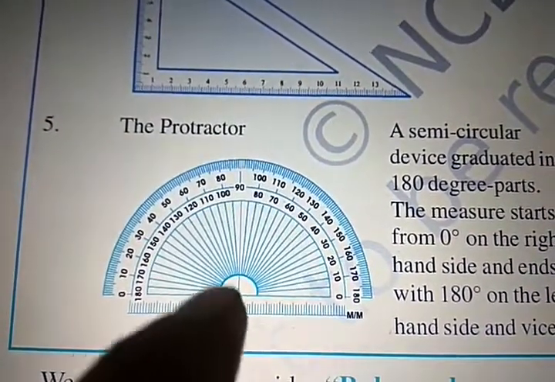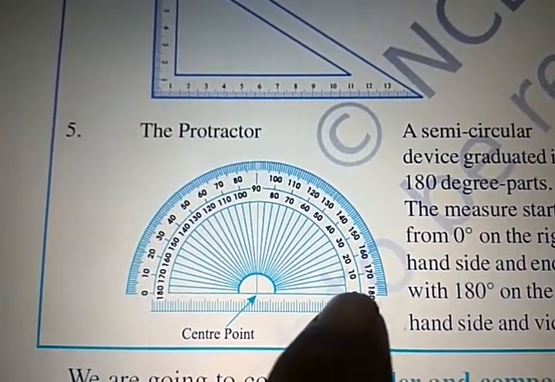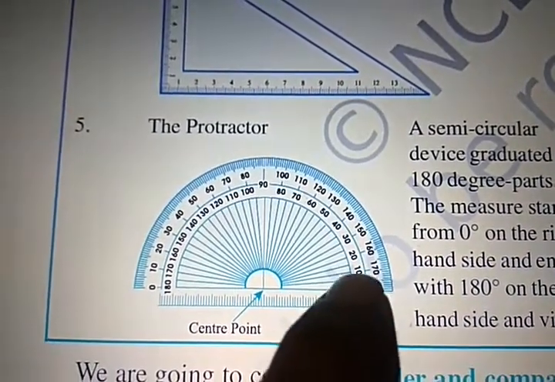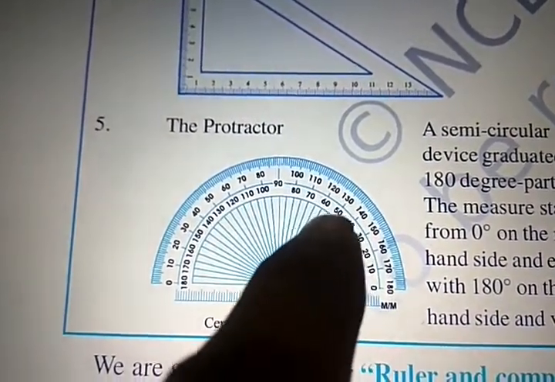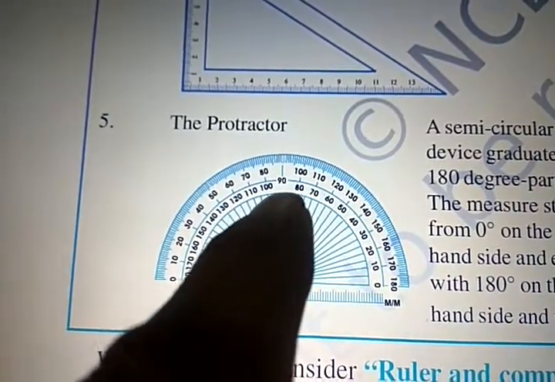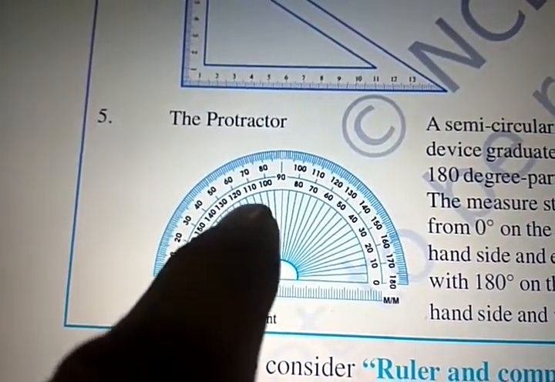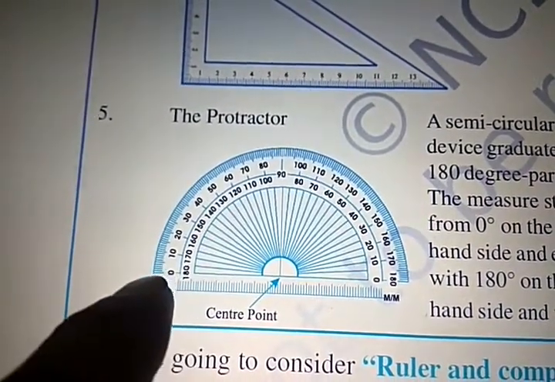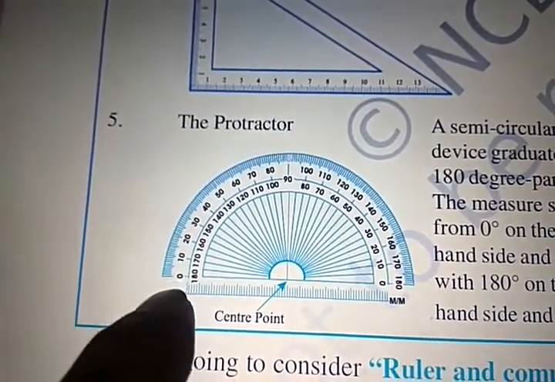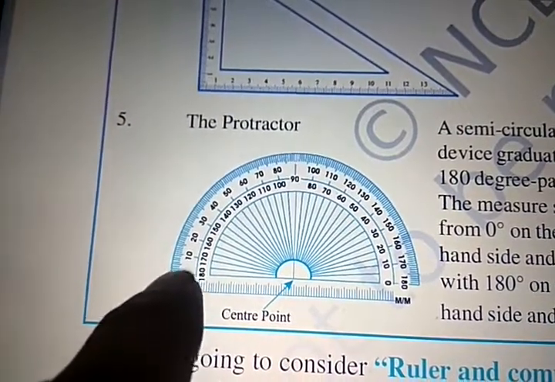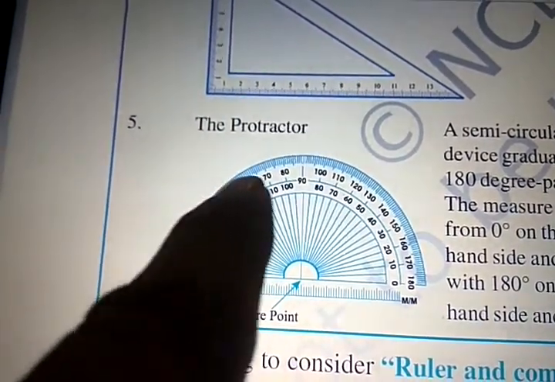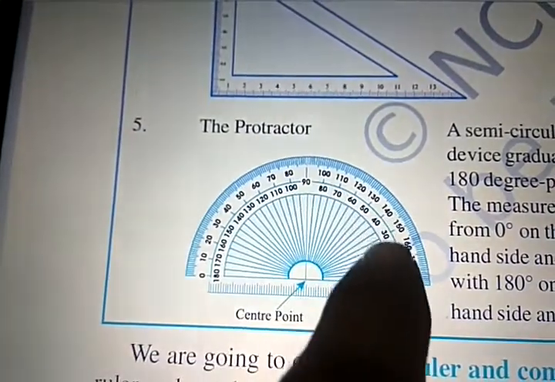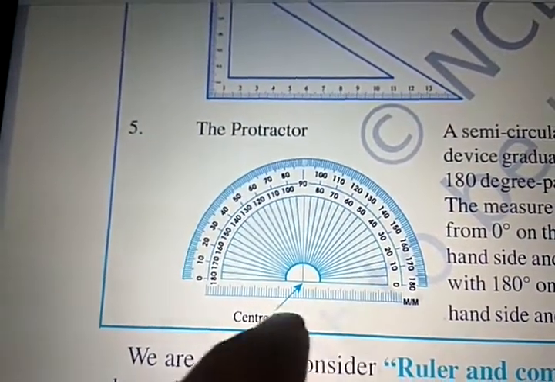We know that the angle is starting from here, you see 0, 10, 20, 30, 40, 50, 60, 70, 80, then 90, 100, 110, 120, up to 180. On the bigger circle, externally also, it is starting from here, 0, 10, 20, 30, 40, 50, 60, 70, 80, like this up to 180 over here, right?